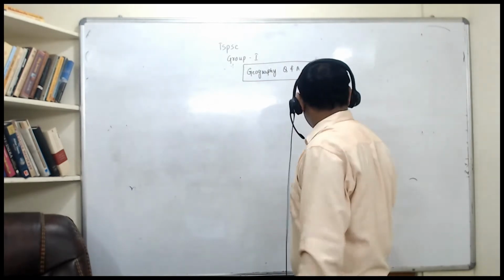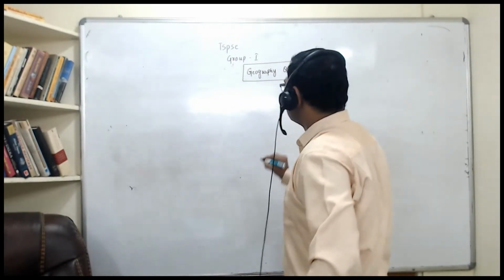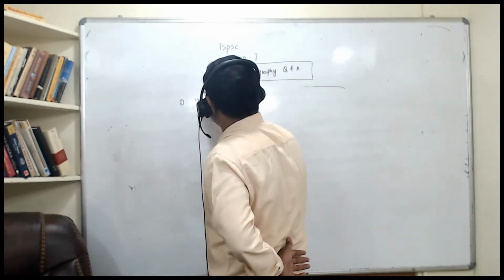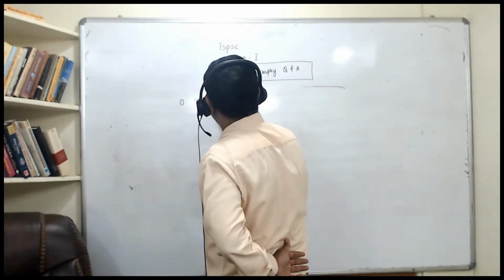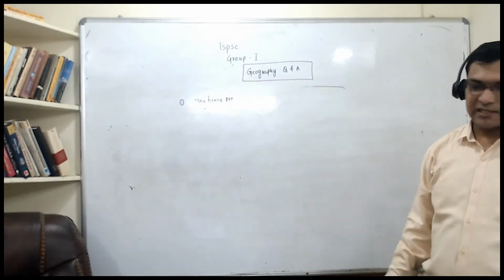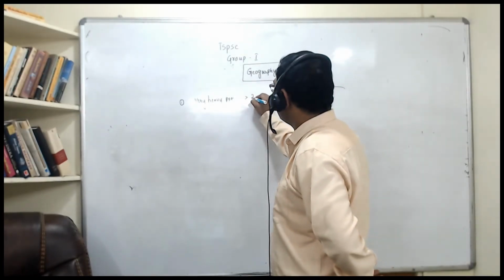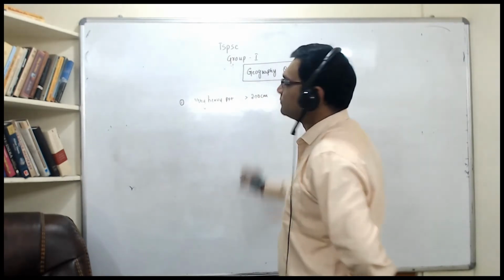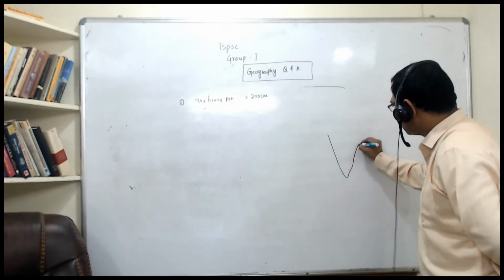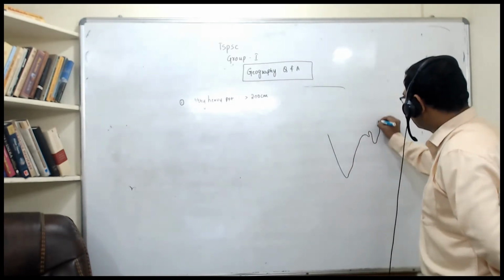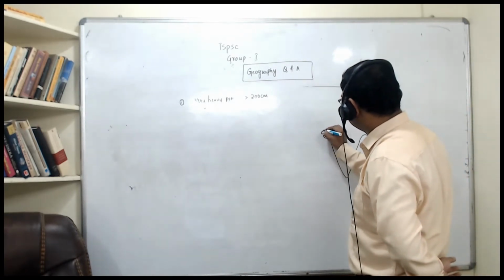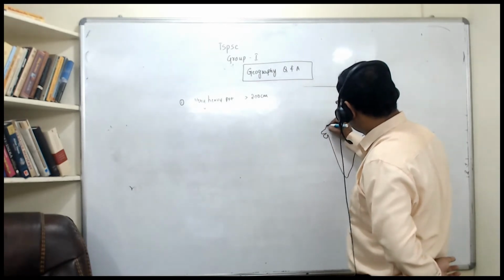There will be very heavy precipitation centers, that is more than 200 centimeters of rainfall. You have to locate them on the map and explain what the reasons for it are.